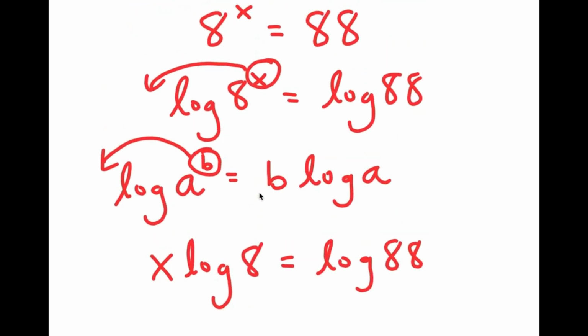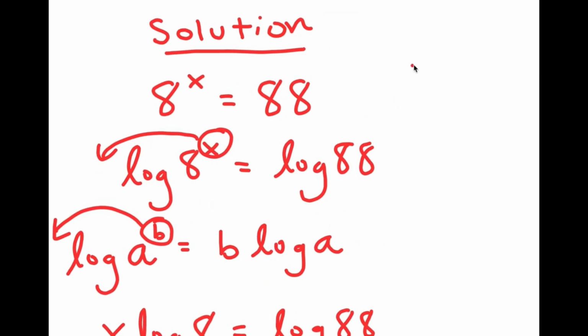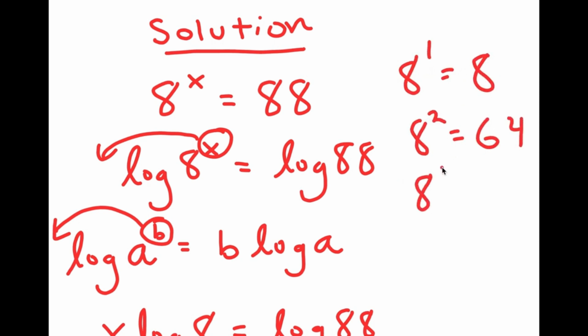And the reason this property is so useful is because before, x was an exponent, and for our equation, if x is 1, I get 8, if x is 2, I get 64, and if x is 3, I get 64 times 8, which is 512, and we want to find what value of x results in 88, which is somewhere in between 2 and 3, but we don't know exactly where because it's going to be a decimal.